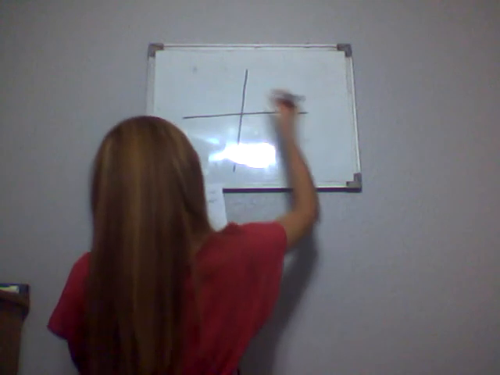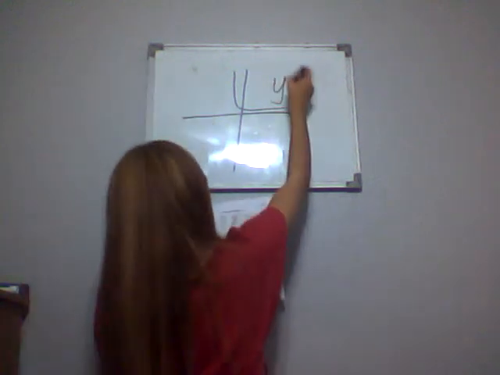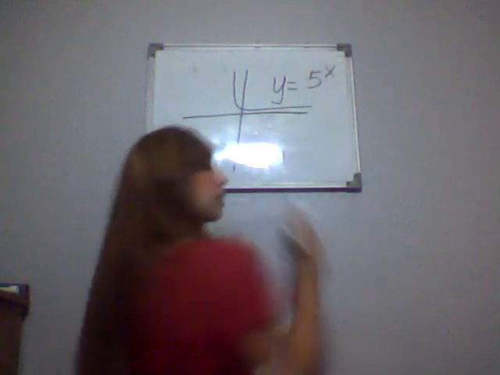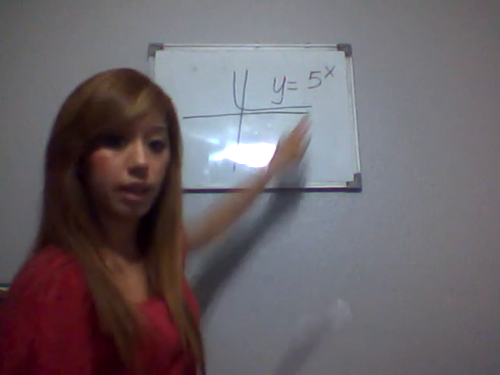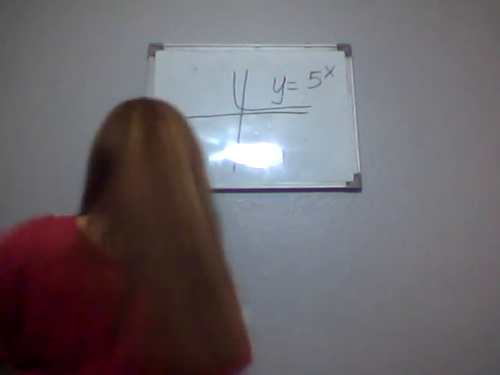The next graph is this one right here. And your equation is, yes, it's y equals 0.5 to the power of x. That is your equation to place into the calculator.